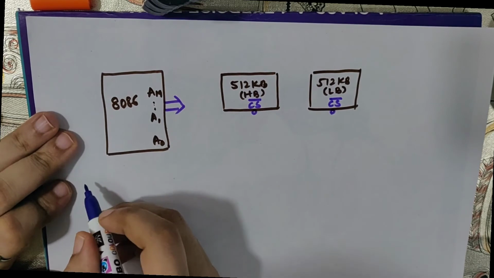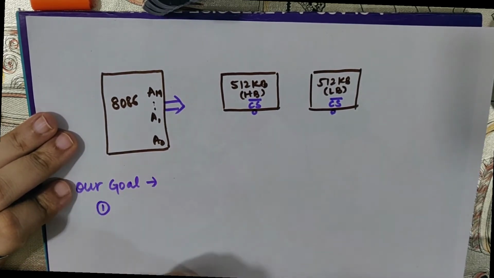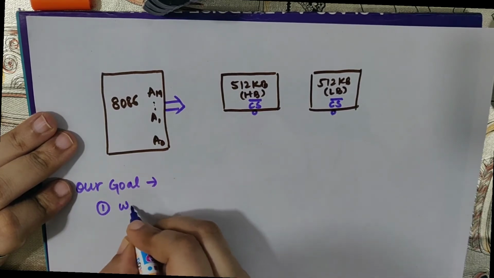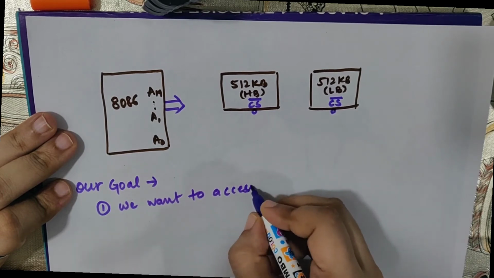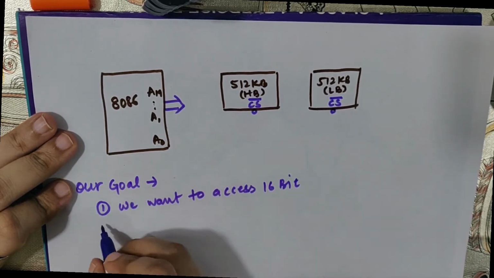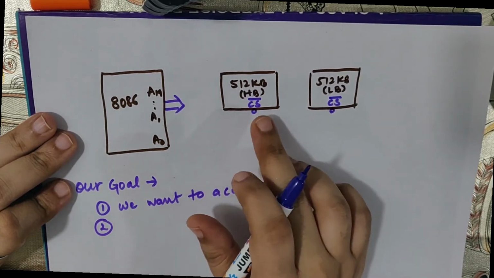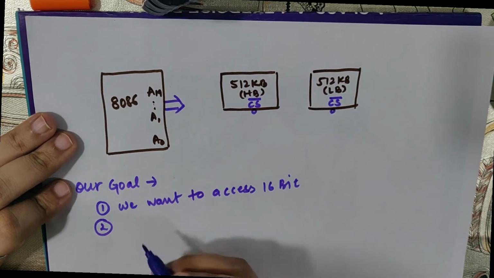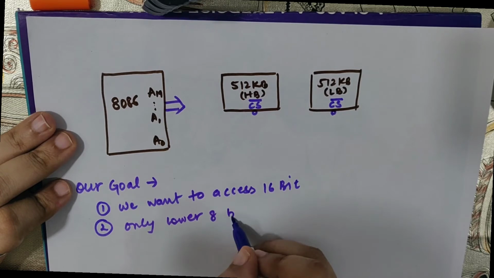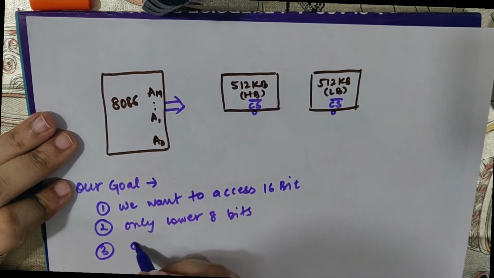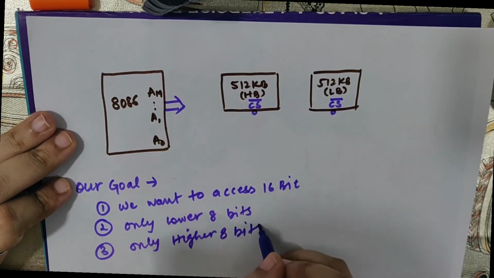Now what is our goal? First, we want to access 16 bits together, or sometimes I may want to access only the lower 8 bits, or sometimes only the higher 8 bits. So we should be able to access only the lower 8 bits, or only the higher 8 bits.